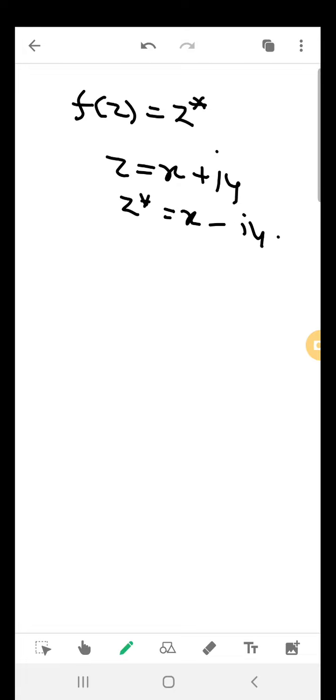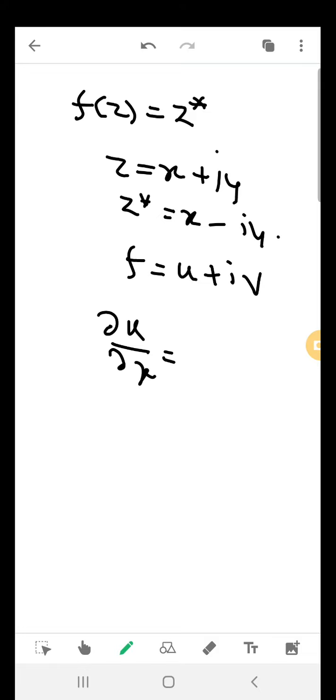So we can see that del u by del x is equal to 1 here, and del u by del y is equal to 0.